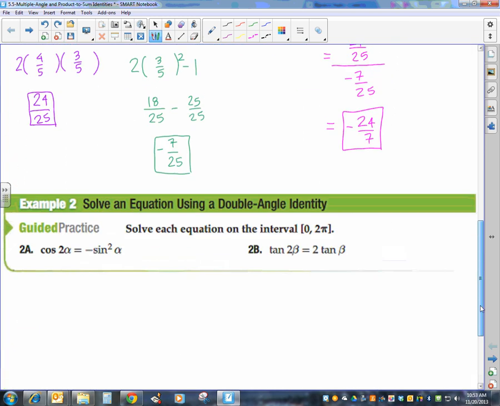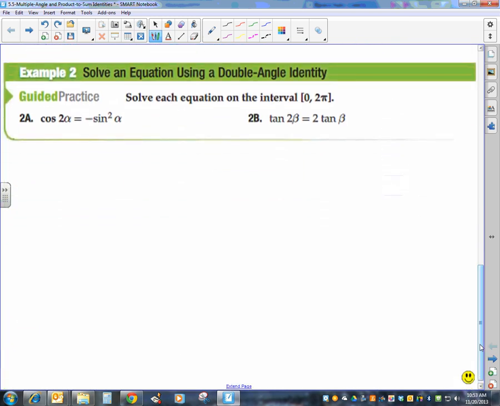Okay, so let's talk about solving equations and using our double angle formula. Now, when we solve equations, you've got to keep in mind that these two have to be the same or you're not going to be able to solve it. So that being said, we need to make a substitution here with the cosine of 2 theta.